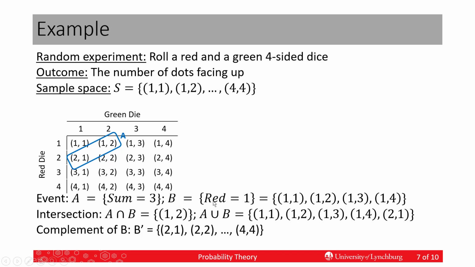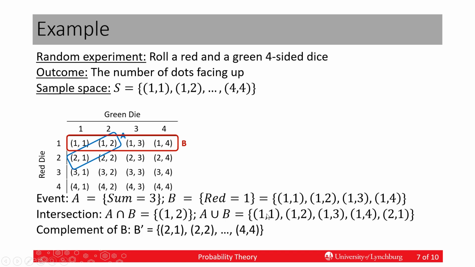We're going to let B stand for the red die has a value of 1, and that's up here. And then the intersection of A and B is simply this one pair here, 1 then 2. So red die 1, green die 2, not the red die 2 and green die 1.